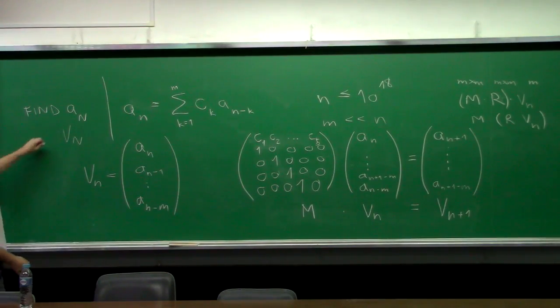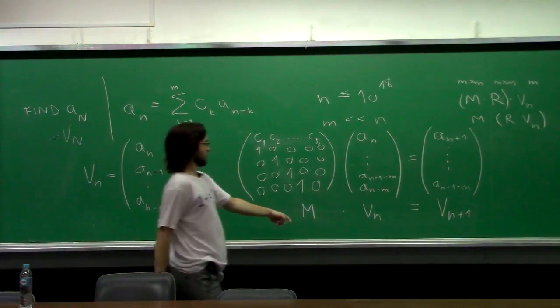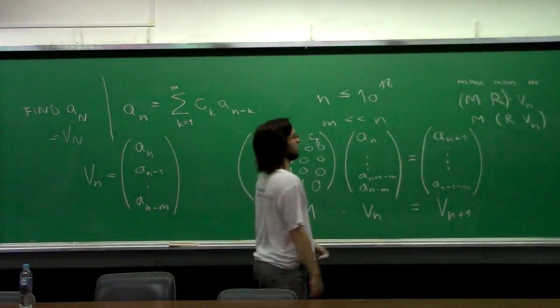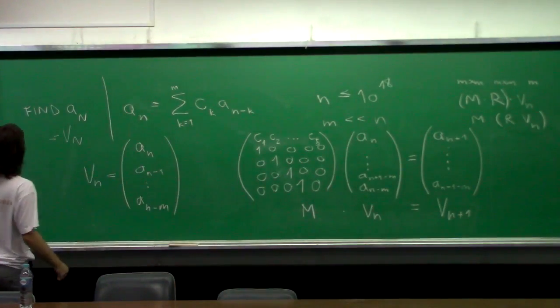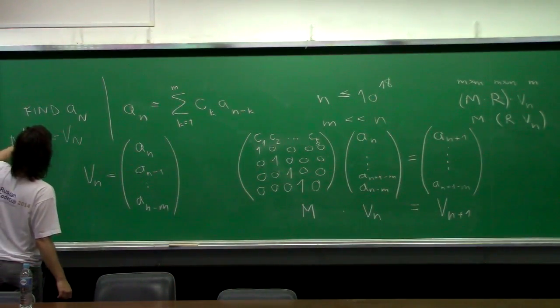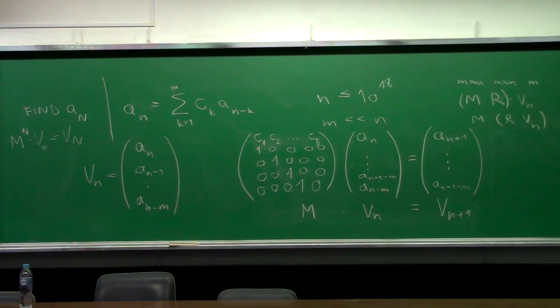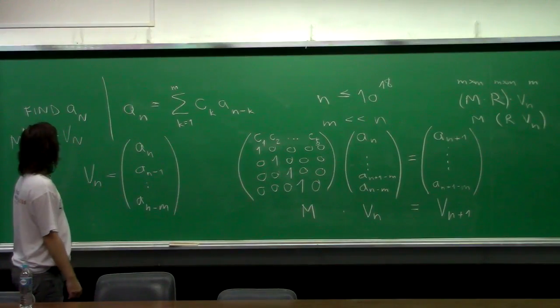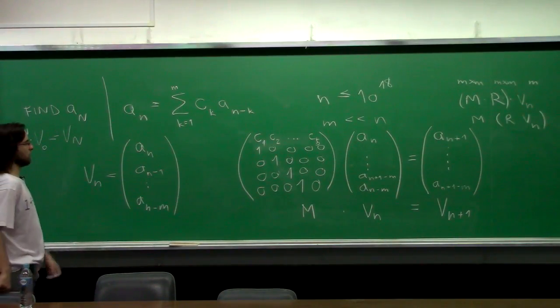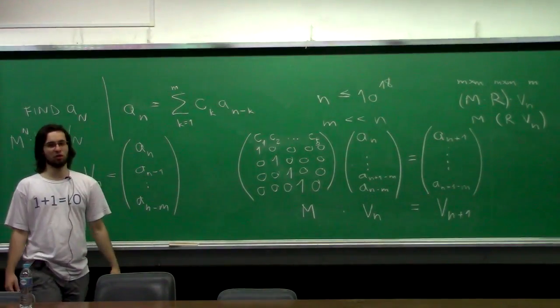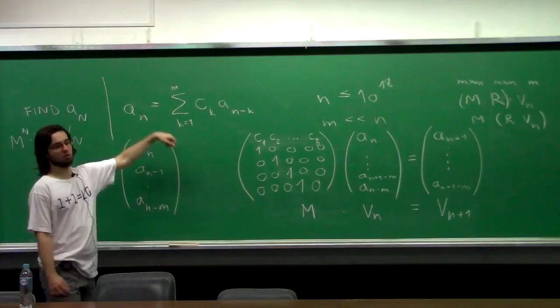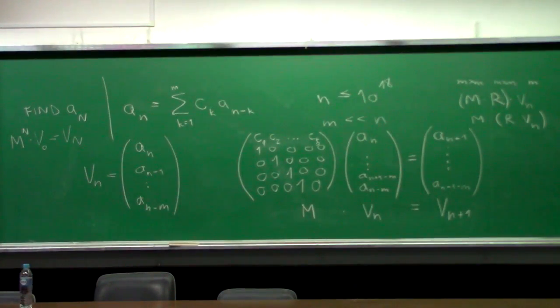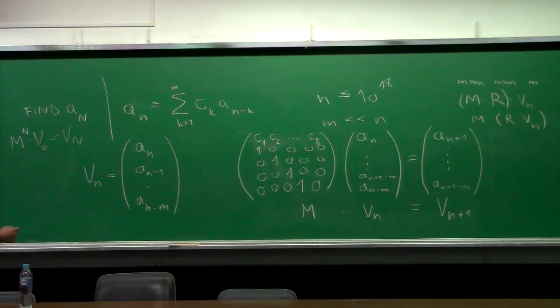And Vn is equal to, since matrix multiplication is associative, M to the power of n times V0, where V0 is just given by some initial conditions. It is most likely going to be a vector with some m elements given on the input, or possibly just 1, 0, 0, 0, 0. And it doesn't really matter what this vector is, because there is just one multiplication by it. It's not expensive.